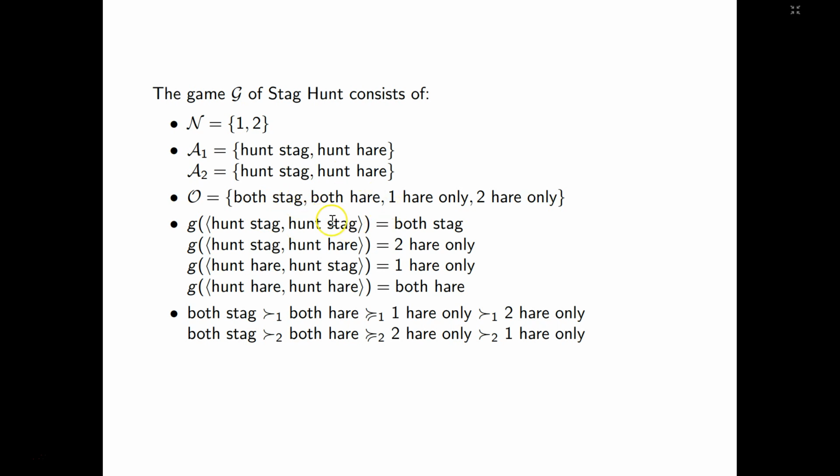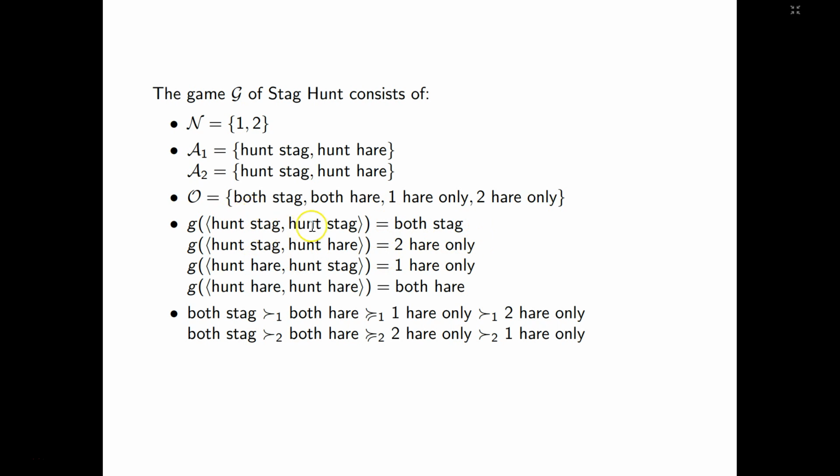They both get hare. 1 gets a hare, and in that case 2 gets nothing. And 2 gets a hare, and in that case 1 gets nothing. And we have the g function that maps the intersections of their action profiles to the possible outcomes.